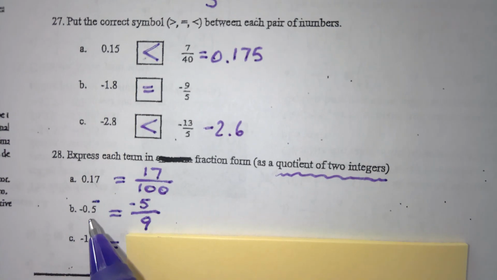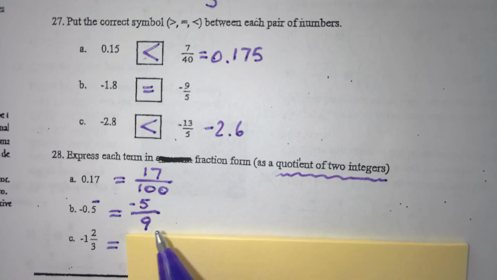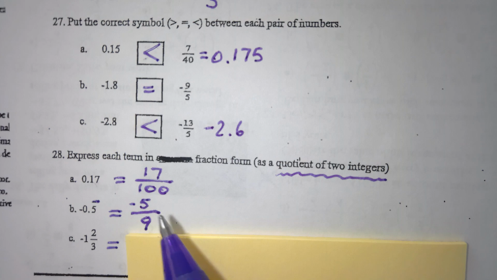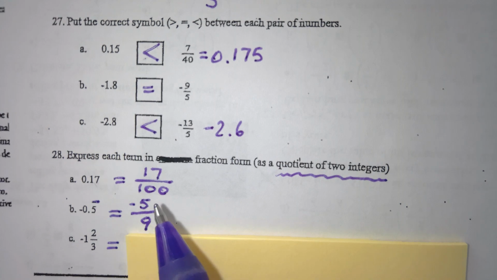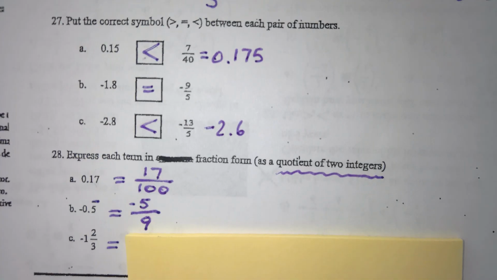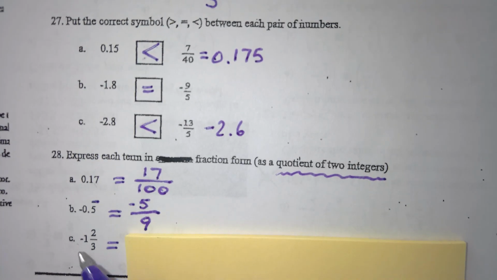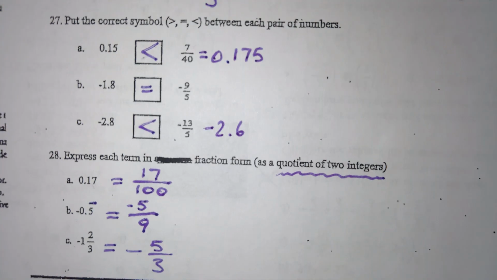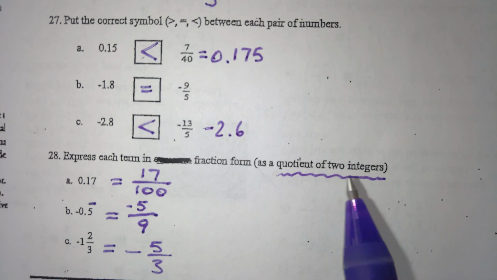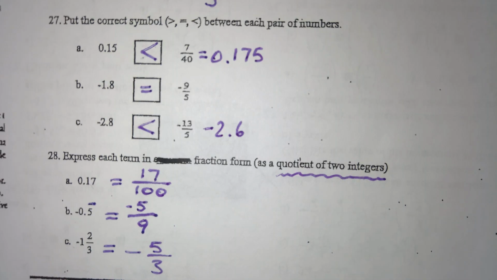Whenever it's a repeating decimal, the trick is to put it over 9. So if it was negative 0.77777, then your fraction will be negative 7 over 9. Okay, and then this one is simply changing it to an improper fraction, so you get negative 5 over 3. Okay, remember quotient of integer can be positive or negative.